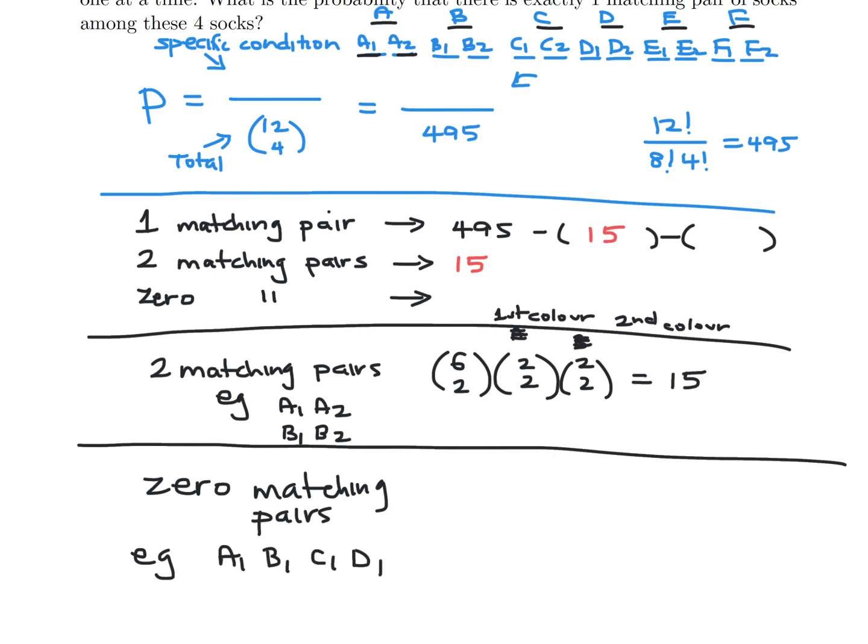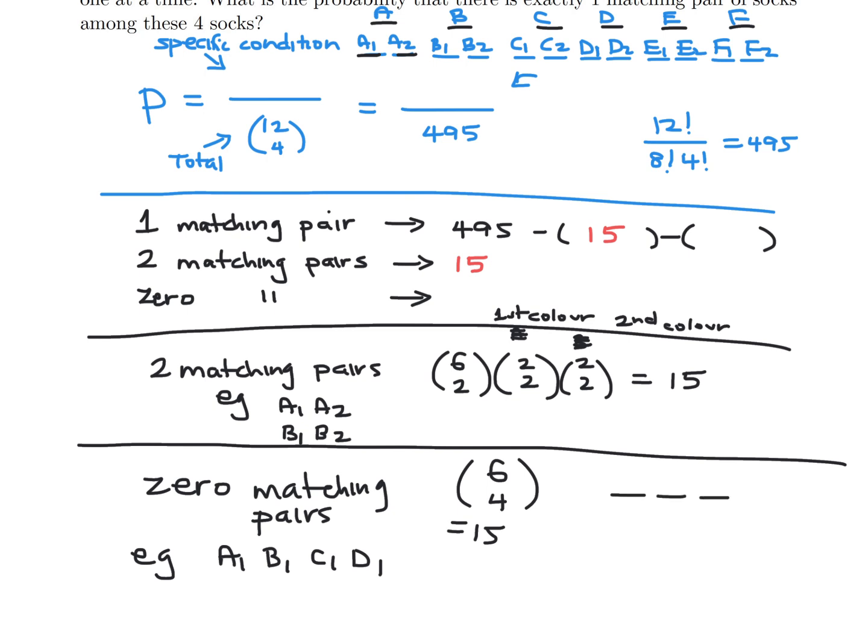If those were my 4 socks, then none of them match. There's no matching pair there. That's just an example. Now how do I get that? From the 6 colors, choose 4 colors. And 6 choose 4 is 15.